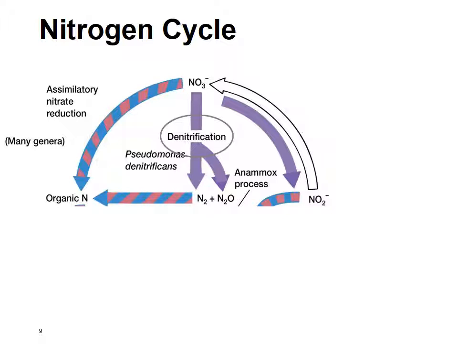And the major products of denitrification include nitrogen gas, N2, and nitrous oxide, N2O, although nitrite also can accumulate. Nitrite is particularly concerning from an environmental standpoint because it can contribute to the formation of carcinogenic compounds such as nitrosamines.